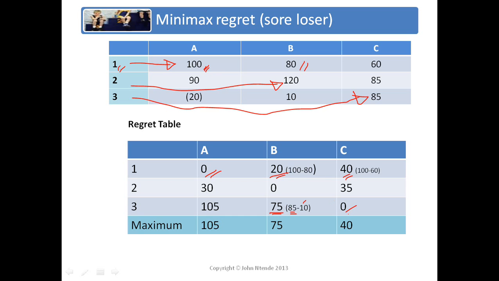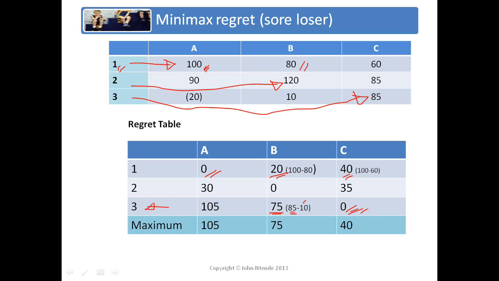Same thing for C. If I choose project C, and scenario 3 is what actually happens, then I don't regret anything, because it's the best possible decision I could have made.